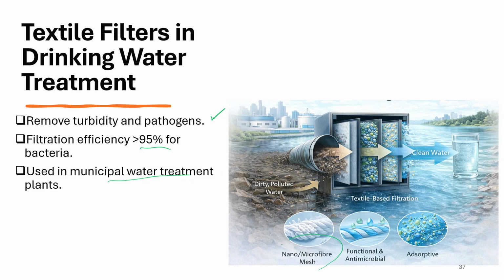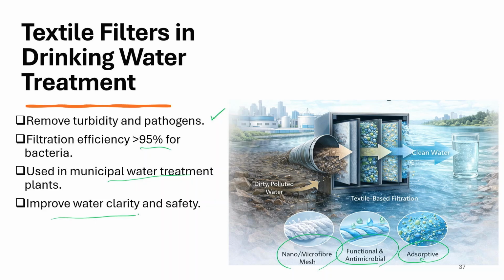Here a nano or micro fiber mesh is used, with functional and antimicrobial treatment, and then an adsorptive material which absorbs organic compounds. So, it improves the water clarity and safety, to make the water drinkable.